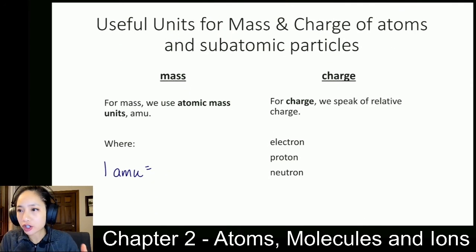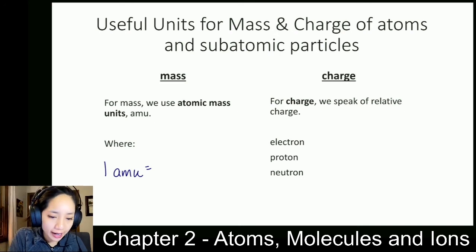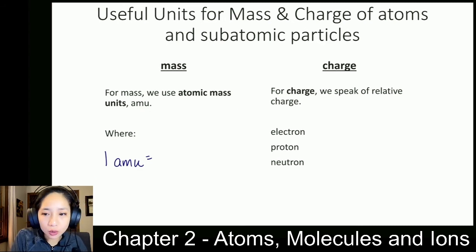So let's summarize those subatomic particles in terms of mass and charge. When talking about mass of subatomic particles, we oftentimes use a different unit. We don't use grams. We'll oftentimes use the unit AMU, which stands for atomic mass unit, where 1 AMU is basically the mass of a proton.